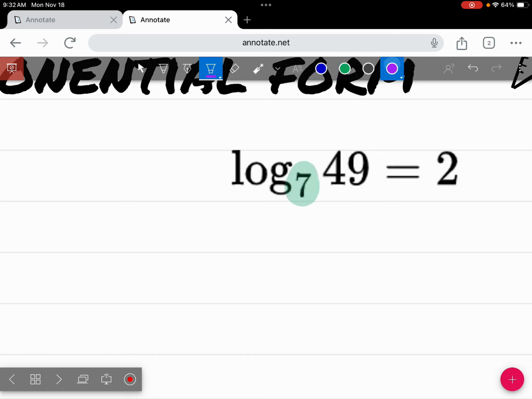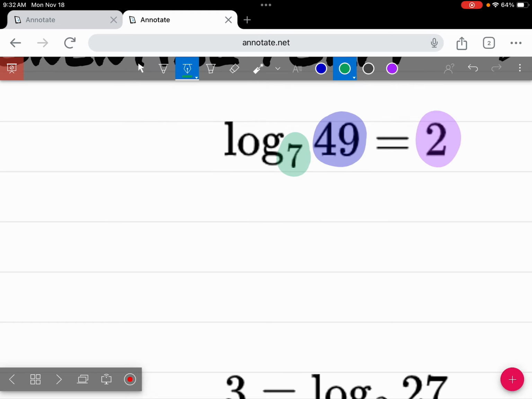This guy over here. What is our power? 2. And what is our argument? 49. So when we write this in its exponential form, we have our base, which is 7, to the power of 2, which equals 49.